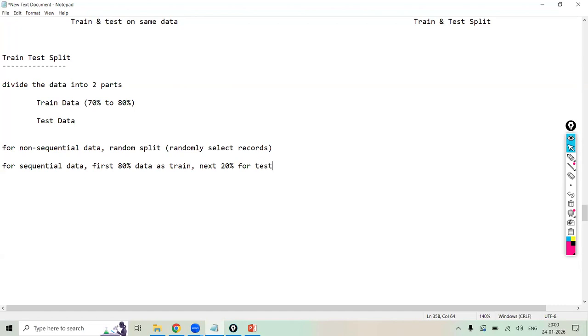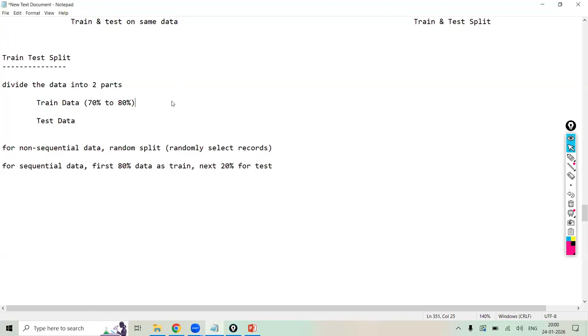In the order, because the order of the records is important, we can't take randomly. So for sequential data, one way. For non-sequential data, one way: randomly select the data. Is that clear?